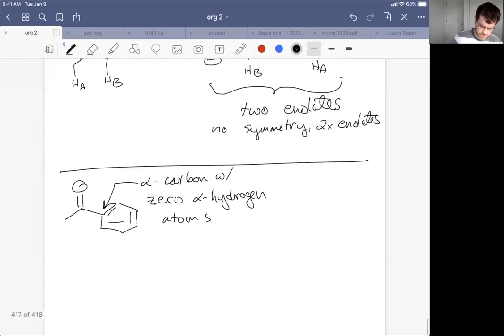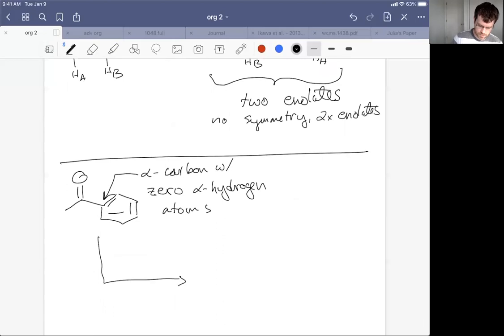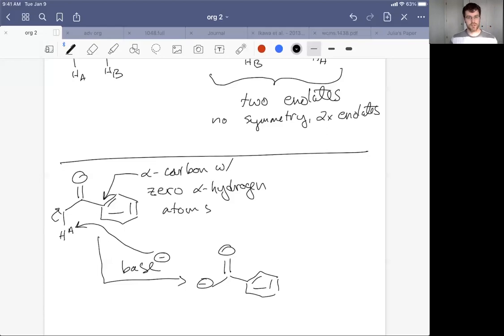And so if you treat this structure with base, you then remove here and here, and you get one outcome, which is this structure here. So only one enolate can form.